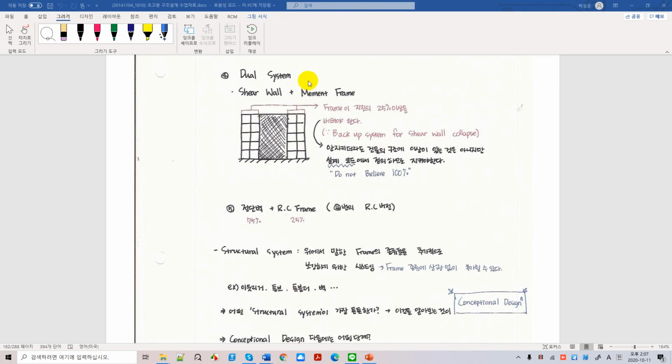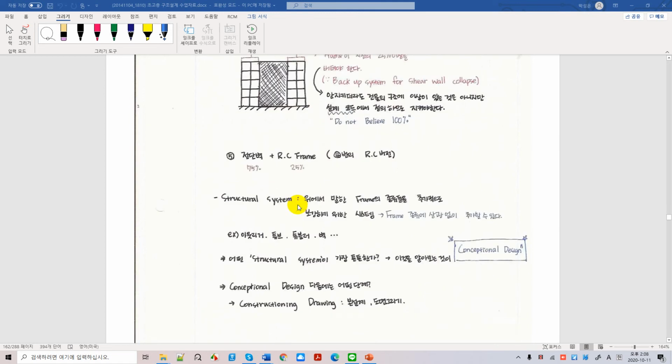If this is a steel frame, we can still have a moment frame made by concrete, but it is the same. We should be able to rely on RC frame for 25% of resistance against the earthquake loadings.